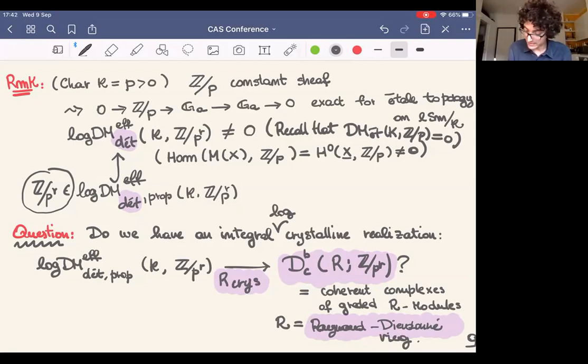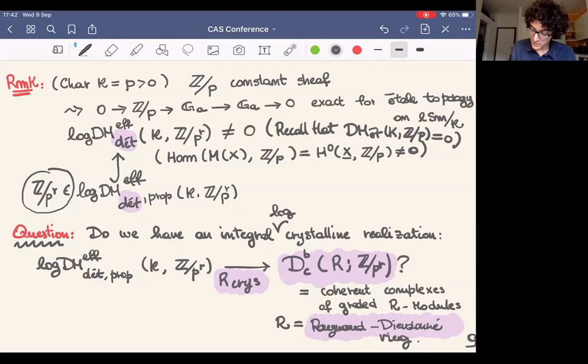If I work with Z_p coefficients and I invert P, then I get the bounded derived category of complexes of K modules, where K is the fraction field of the Witt vectors of your ground field. Those homology groups are F-isocrystals. Okay, so it's a fairly studied object, and this would be the target of what we would like to have as a crystalline realization.